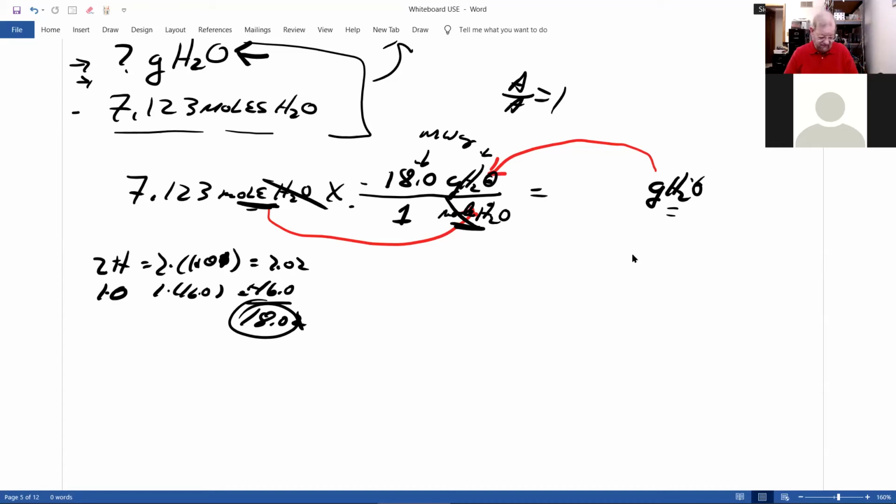Clear it. And my calculator gives me this number, 7.123.